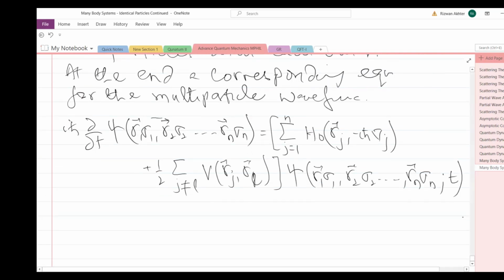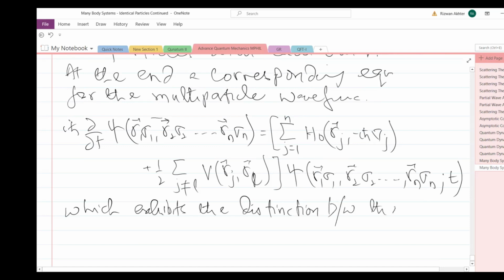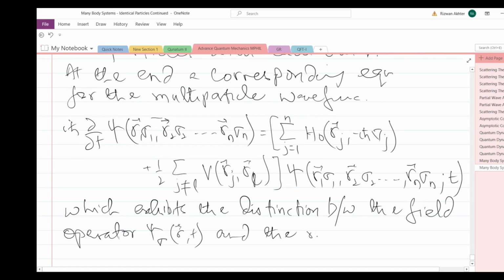So which exhibits the distinction between the फील्ड ऑपरेटर जिसको हम यूं लिखते हैं साई सिग्मा या सबस्क्रिप्ट सिग्मा ऑफ आर कॉमा टी and the multi-particle wave function.